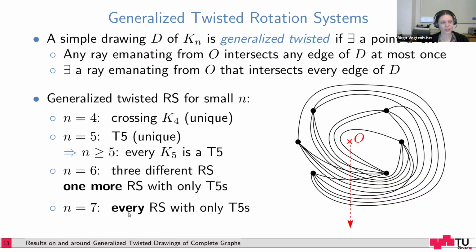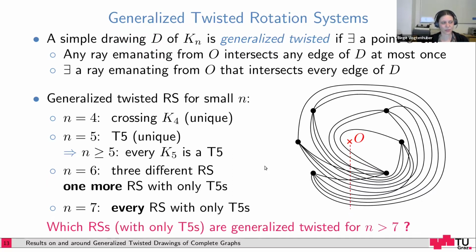However, for n equals 7, it turned out that, checking all the rotation systems of 7 vertices, all the ones that have only T5s are actually generalized twisted, which raised the question under which conditions rotation systems that only have T5s, that's an obvious necessary condition, are generalized twisted for larger n. And this is a question that I plan to answer in this talk as well.